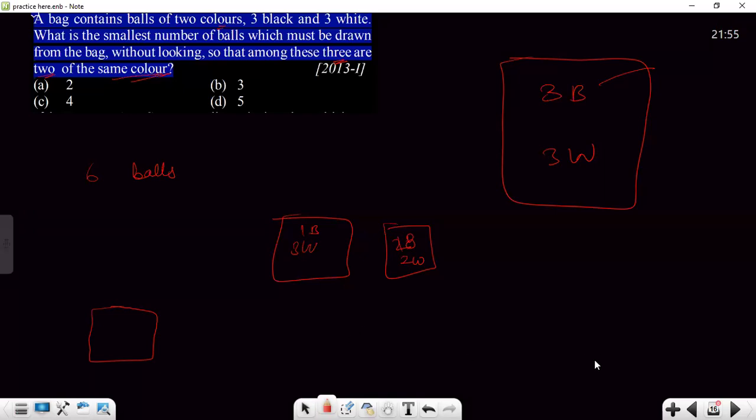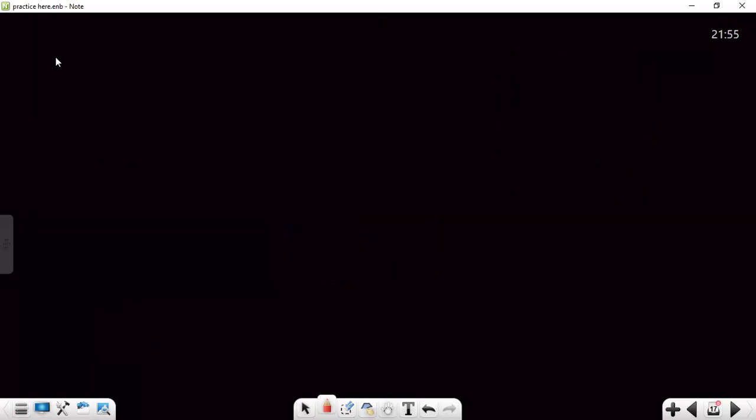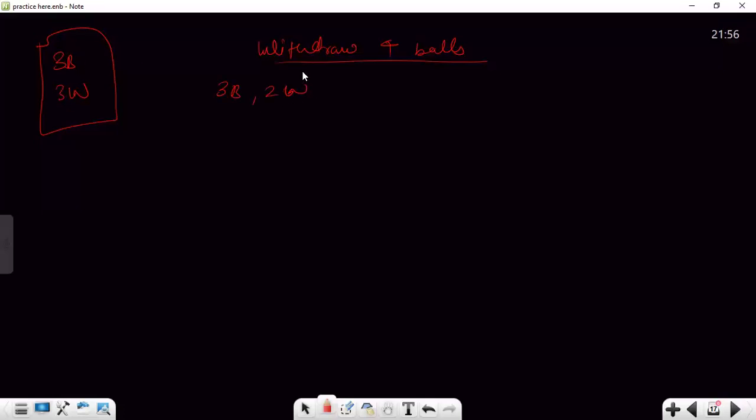Why? Now understand here that there are three black balls, three whites. If you withdraw four balls in any manner, let's say you take three black out and two white out.